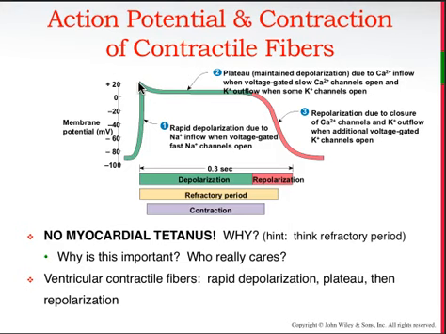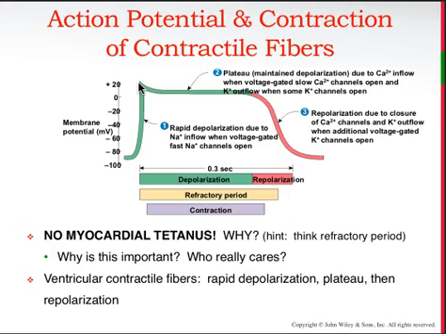The potassium outflow channels also close, so we stop having that loss of potassium from the cells, and then an additional voltage gate channel opens, and we see potassium actually move into the cell. So not only do we stop losing potassium out, but we gain potassium back into the cell.